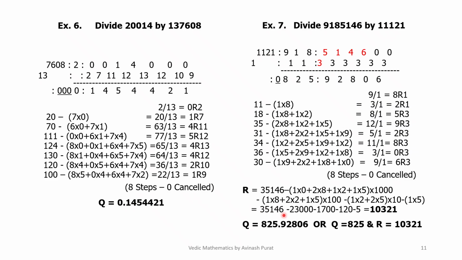So 35146 minus 23,000 minus 1700 minus 120 minus 5, that is 10321. So the quotient is 825.92806, or the quotient is 825 and the remainder is 10321.